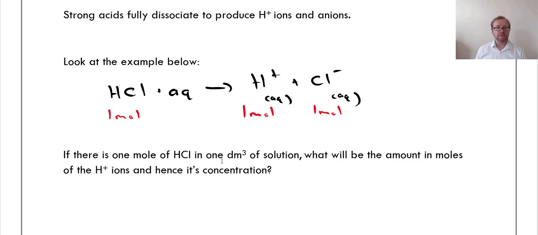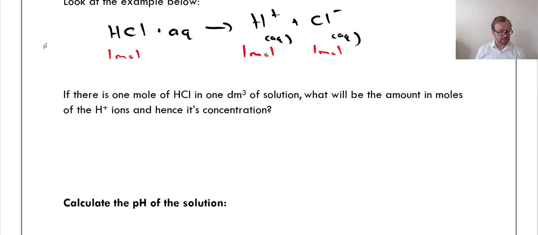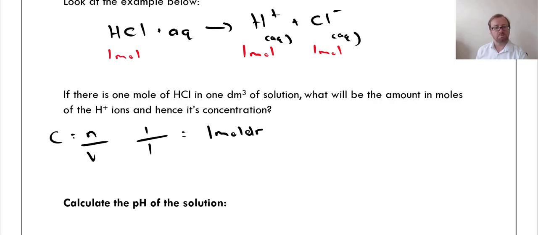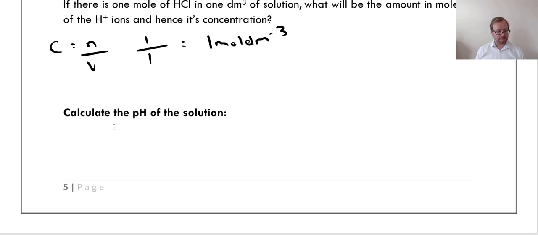If it's in a 1 dm cubed solution, I must have a concentration of, we'll actually use the formula, concentration equals n over V, so 1 over 1 gives me a concentration of 1 mol dm-3. Makes sense so far, I guess. Now we can calculate the pH of the solution.